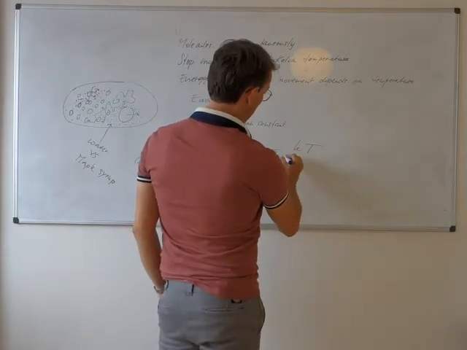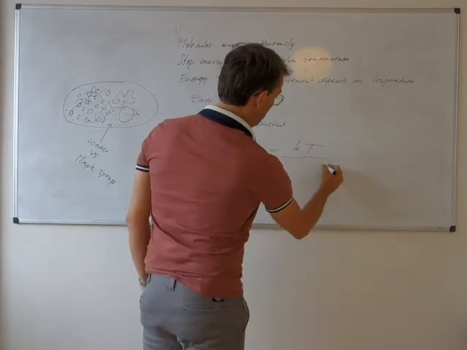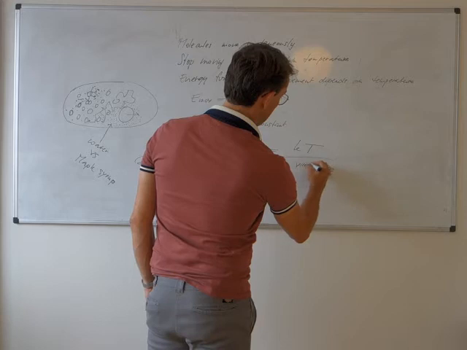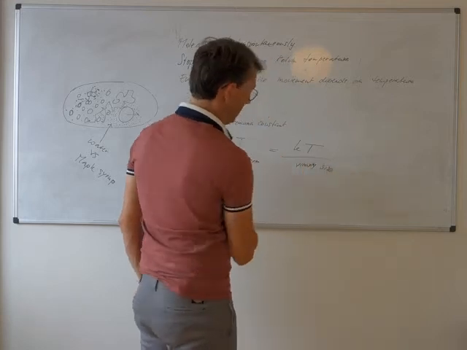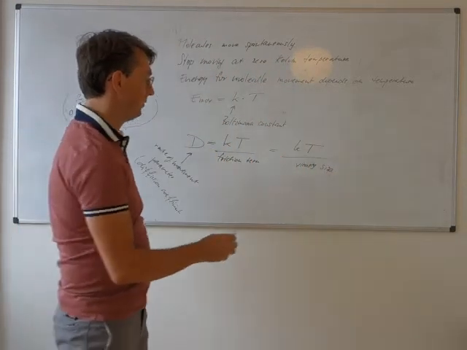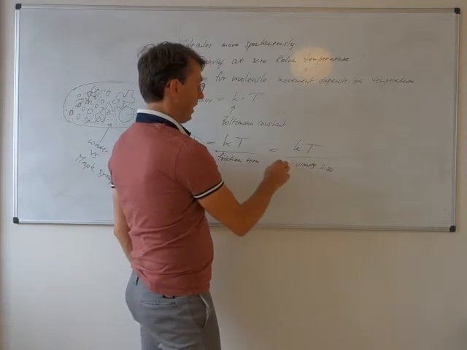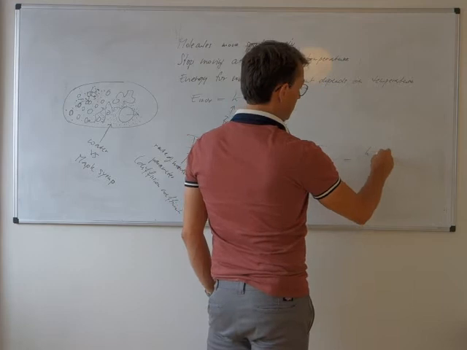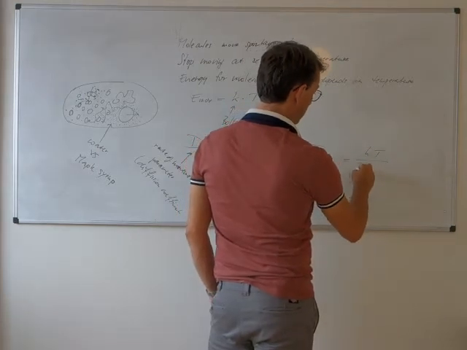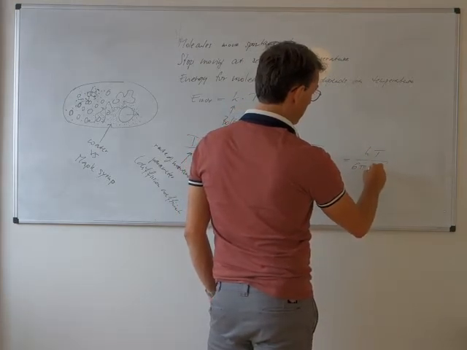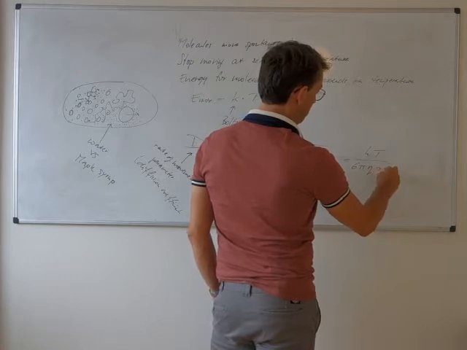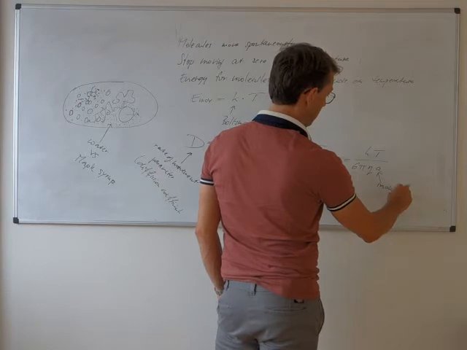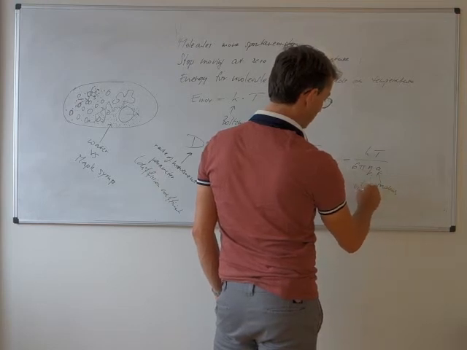Okay, so somehow the diffusion coefficient is going to depend on size and something like viscosity, right? So maple syrupness, and maybe some other constants. So it turns out that this diffusion coefficient is 6 times pi times the viscosity of the medium times the radius of the molecule. So this is the radius, this is the viscosity.